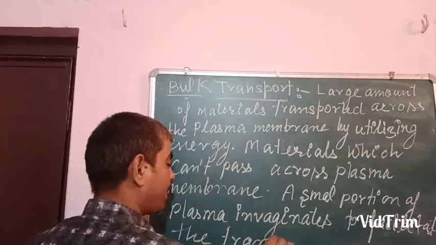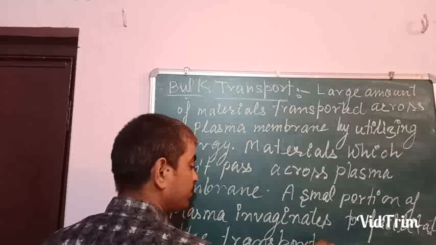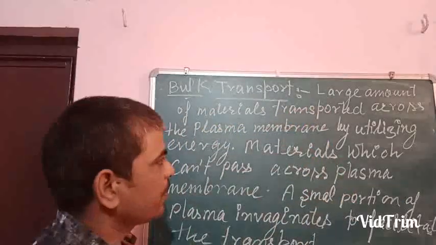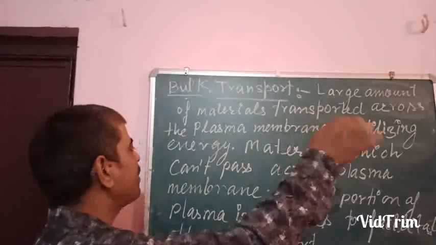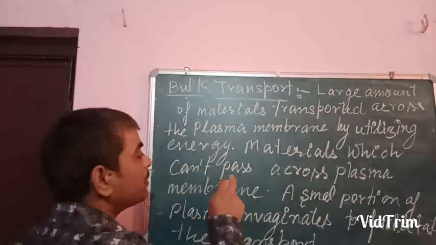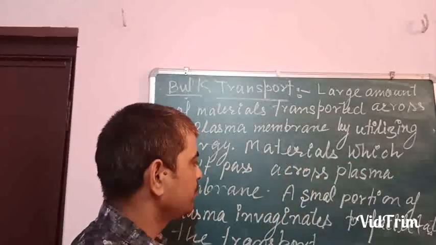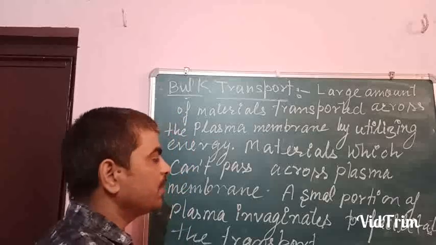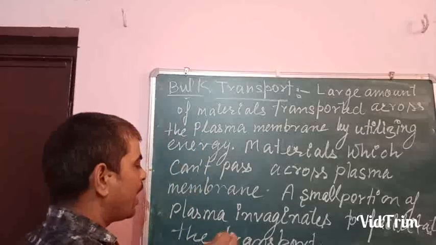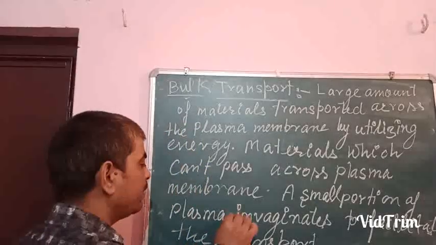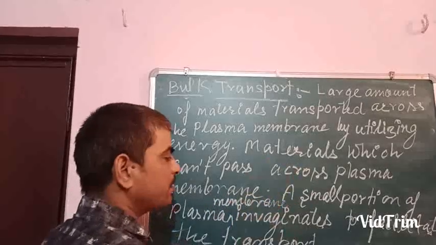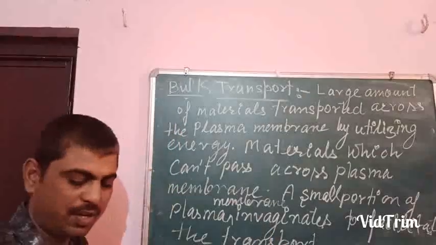Okay, see it carefully. A large amount of materials is transported across the plasma membrane by utilizing energy. Materials which can't pass across the plasma membrane, then how will they pass? A small portion of plasma membrane invaginates. Plasma membrane invaginates means breakdown to facilitate the transport.